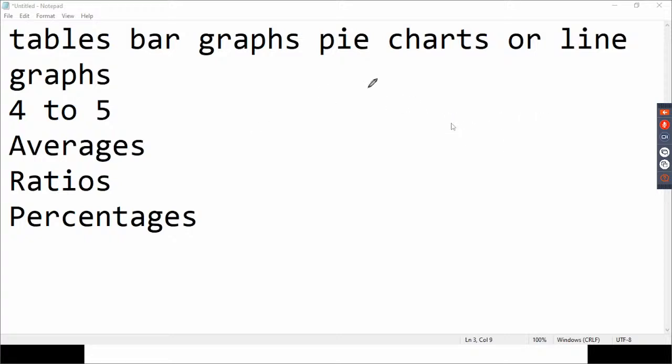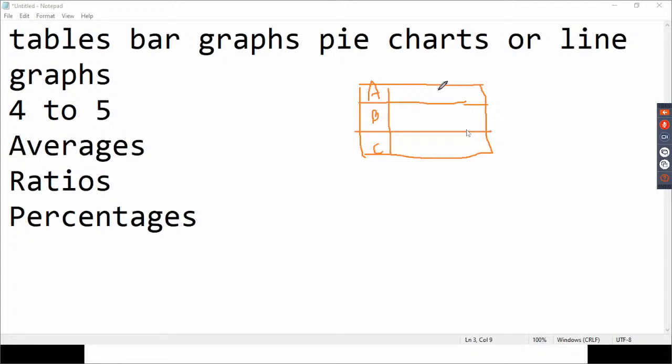But for example, if they give a data that this is a table, the table contains three companies, A, B, C. There are 2 years, 2000 and 2001.